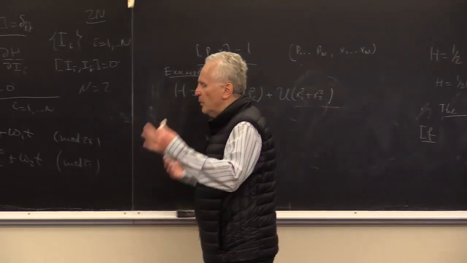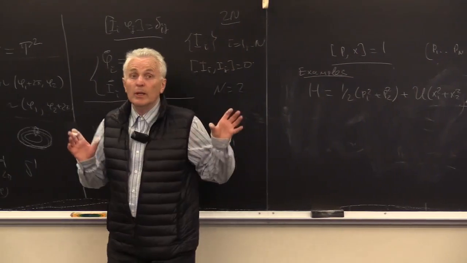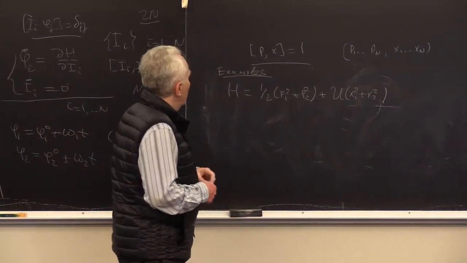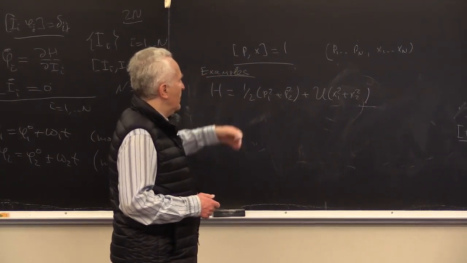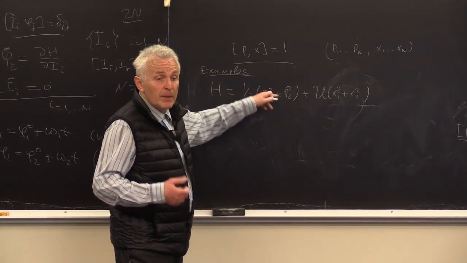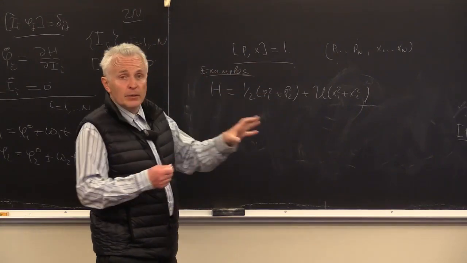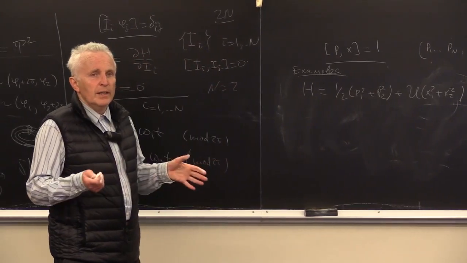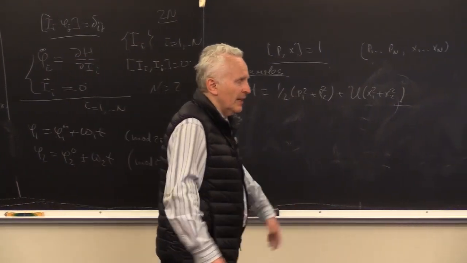We need 2 commuting integrals of motion for complete integrability, because we have a 2n-dimensional phase space. The phase space is 4-dimensional here. n is equal to 2, and so we need 2 integrals.